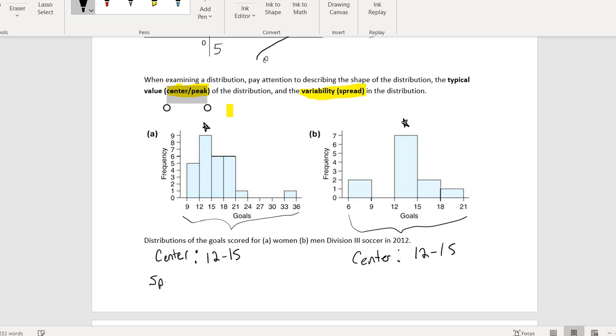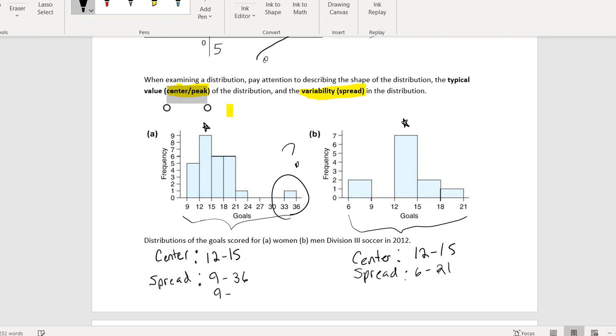So for the spread, one way that we can summarize the spread is to say that it goes between 9 to 36 for women, while the spread for men only goes between 6 to 21. Now, I would still say that men's and women's isn't that different, because we only have one observation here that's very far away from the other ones.